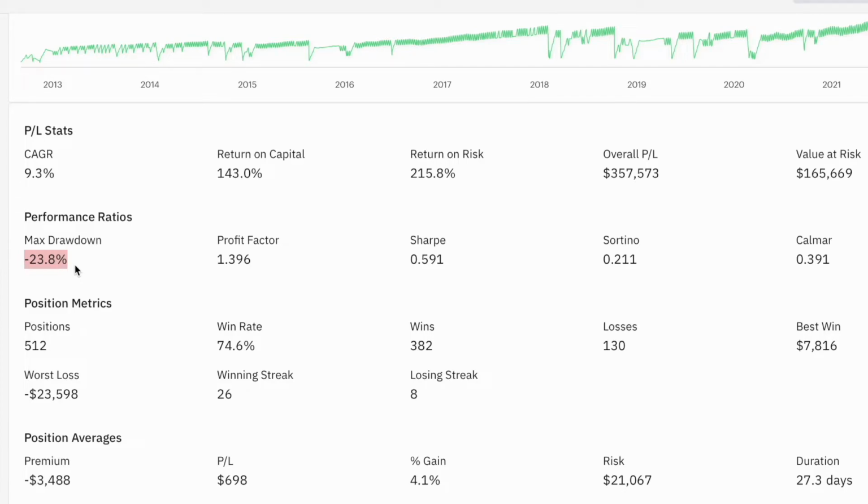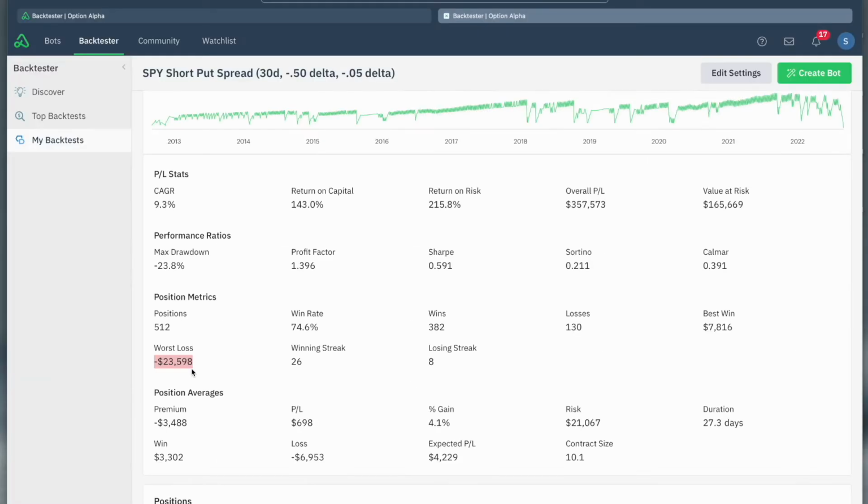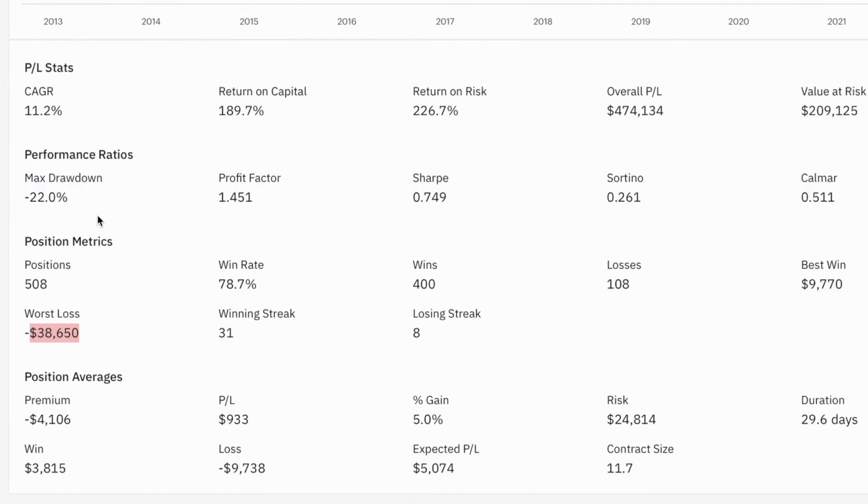But one area where things did improve was the worst loss across all those trades, right? So across the 10 years of testing, we had 512 different trades, and the worst loss amongst all of them was about $23,500. And this is compared to the worst loss being almost $39,000 with not using stop losses at all, which I think makes sense, right?